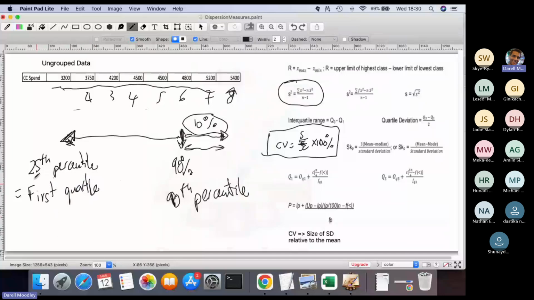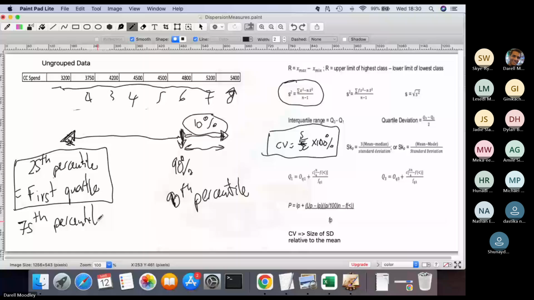The other special percentile is the 75th percentile, which is known as the third quartile, because 3 quarters. So the 75th percentile is the same thing as the third quartile. They just get a special name, but all they are is percentiles.